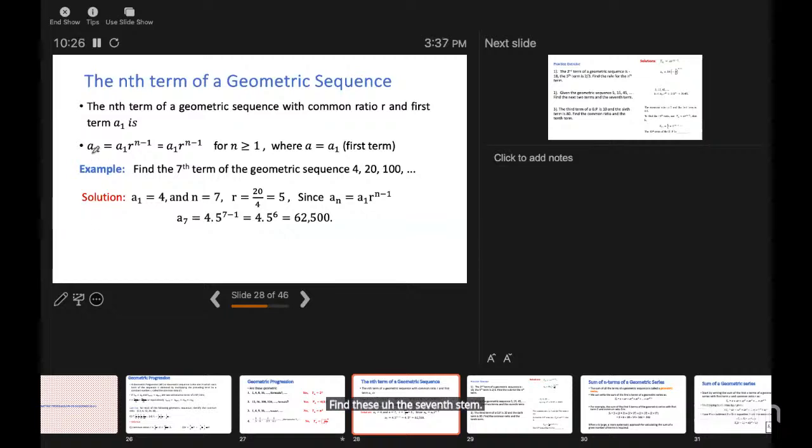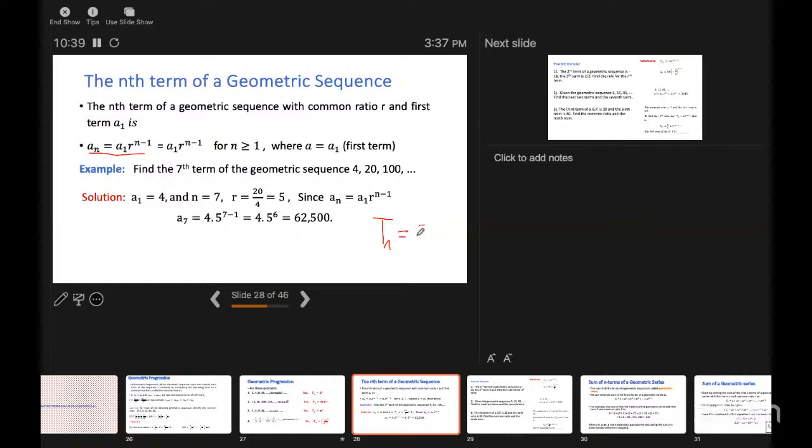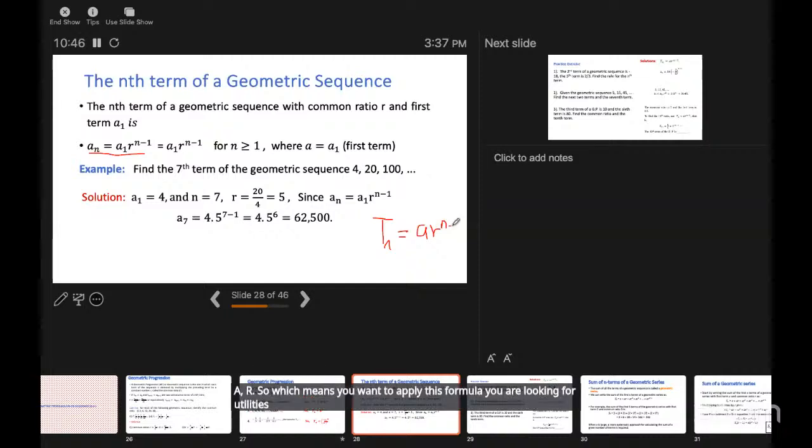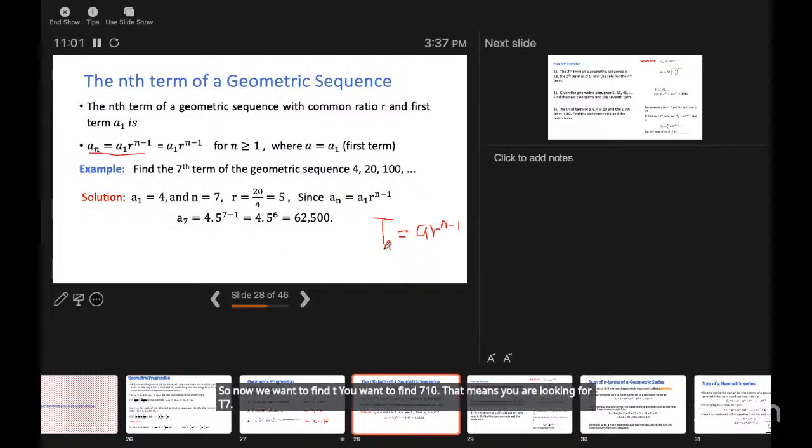So we are going to use the formula An is equal to A R raised to power n minus 1. If you want to apply this formula, you are looking for 3 things. You must know your A, which is the first term of the GP. You must know R, which is the common ratio, and you must know the number of terms. So now we want to find the seventh term. That means you are looking for T7. In that case, n is 7.